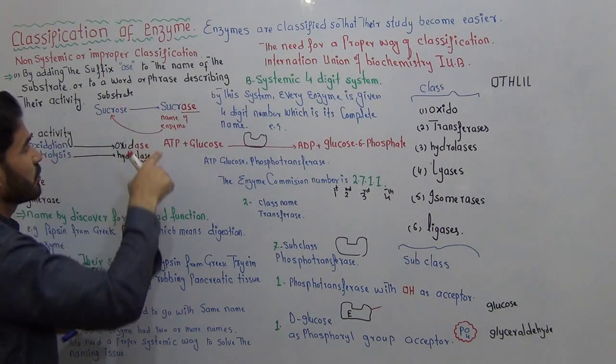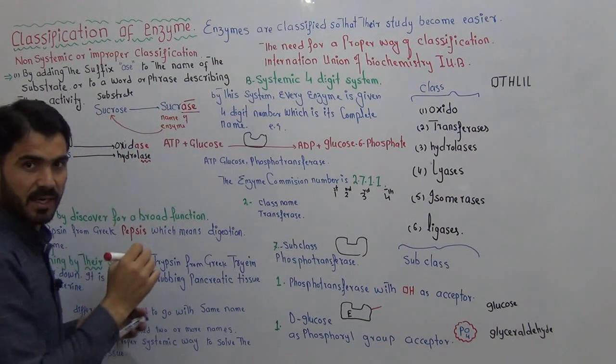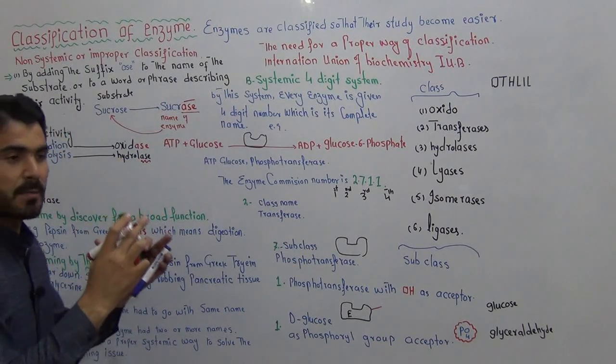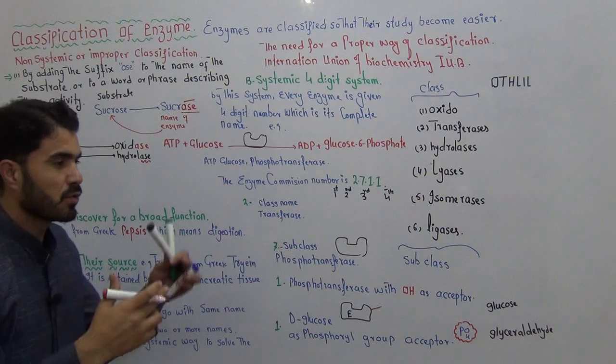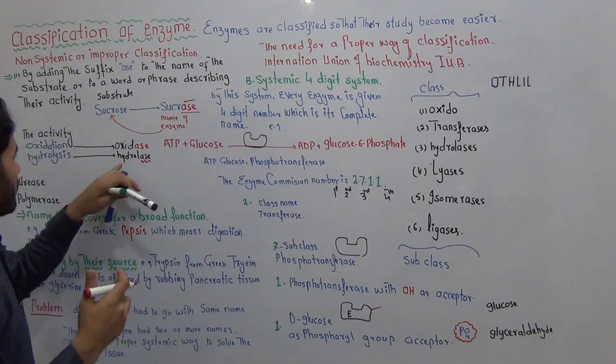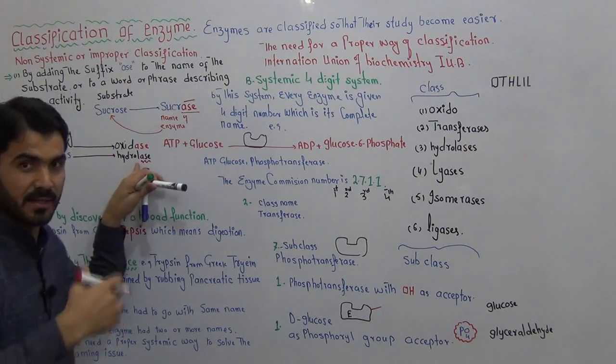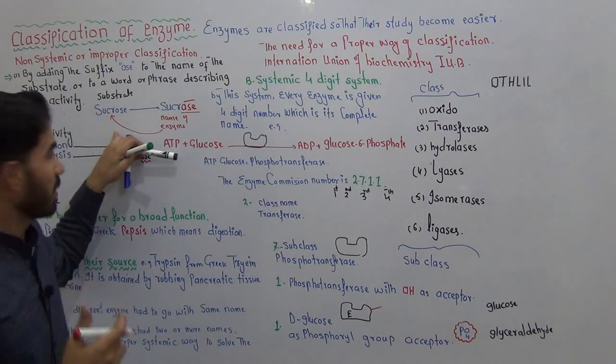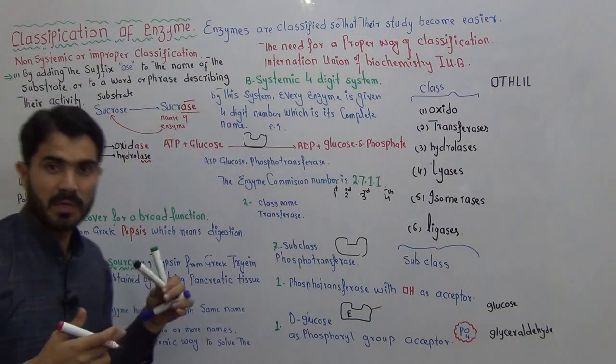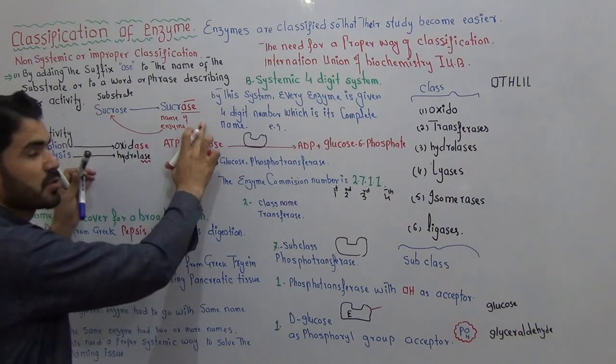So in both cases, we are adding ASE. So this is a trivial kind of system to give names to the enzyme. This hydrolase is the name of an enzyme, oxidase is the name of an enzyme, sucrase is the name of an enzyme. Fine. This is one thing.